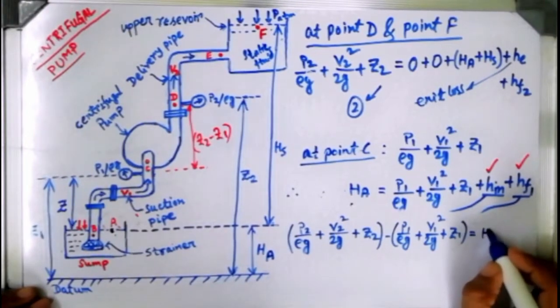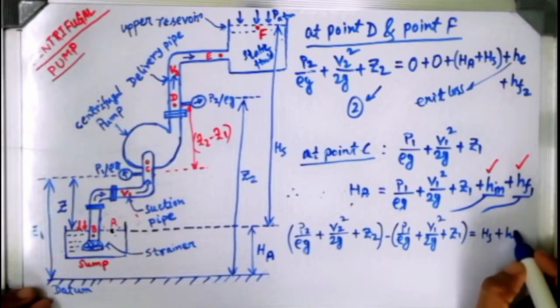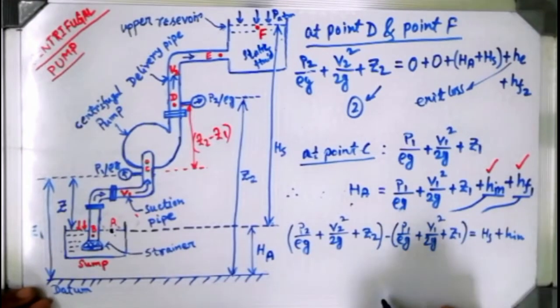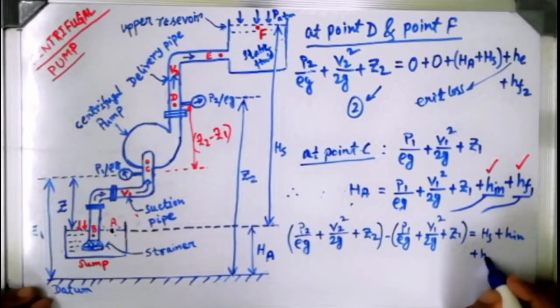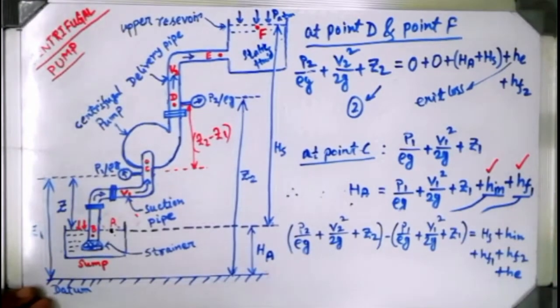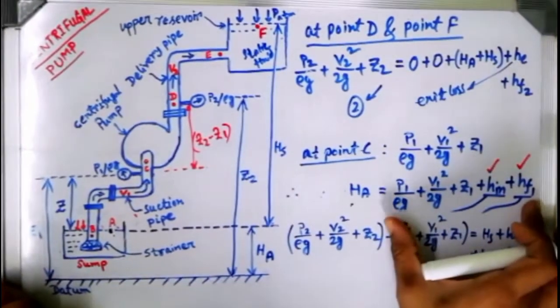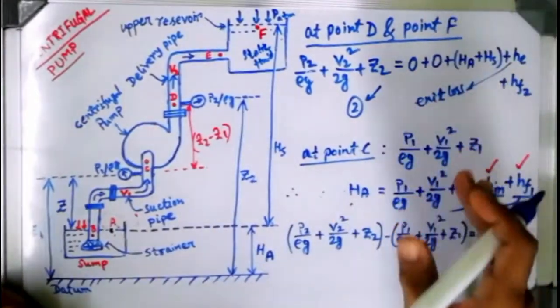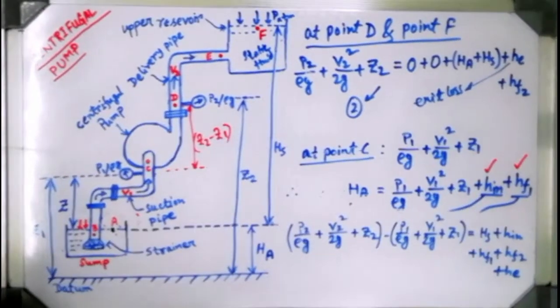Like HS will be there. HS is nothing but the static head. Then head loss due to entrance, H in. Then HF1 will be there, HF2 will be there, and head loss at the exit of the pipe, HE, will be there. Just what I have done is put this whole expression over here, then shuffle the equation, and it gives you this kind of expression.